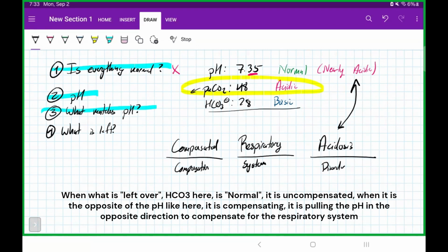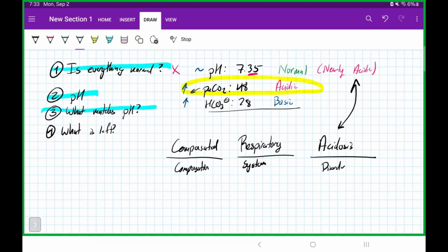This type of question is the one that we ran into in class where, see if I can do this in a readable way. Our pH is down, our PaCO2 is up, and our HCO3 is up, which means that this could technically, our pH is technically normal. So this could technically represent 2 different situations. We need to recognize that the pH is normal, but it is nearly acidic.